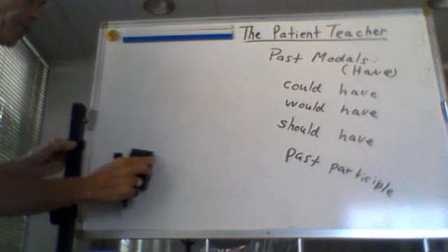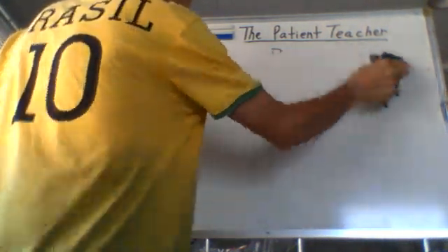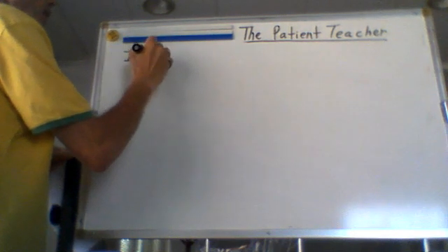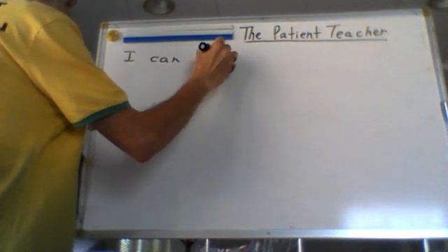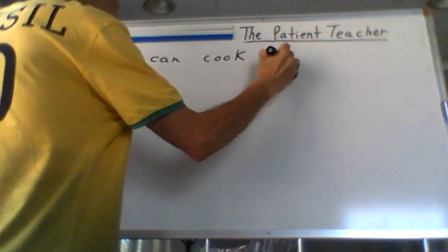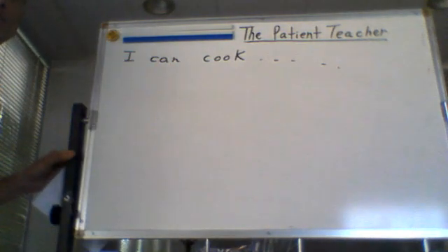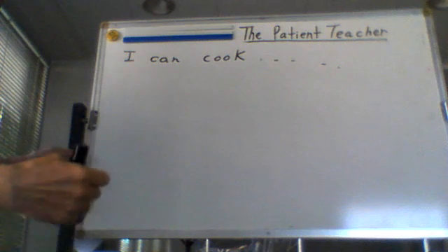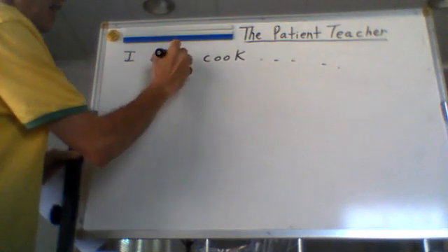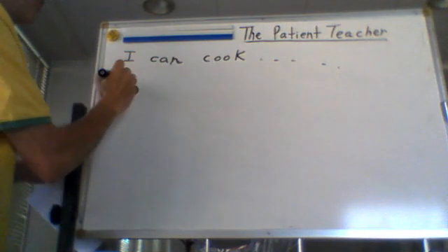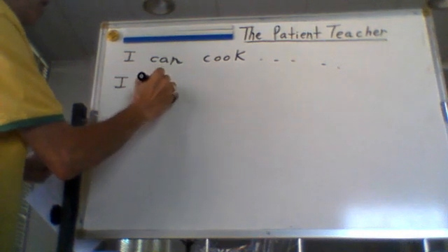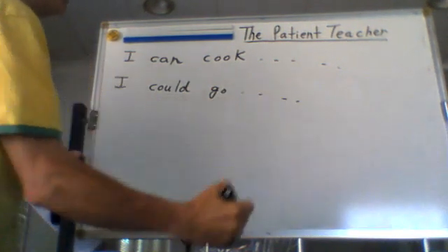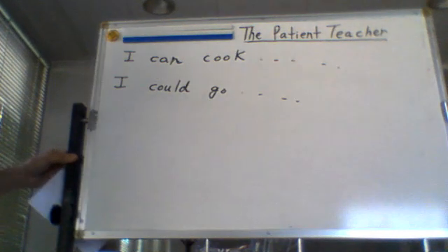So now that we have all that, let's make some sentences and see how we use them. I can cook dinner for you, right? I can cook. It's showing ability. I can cook for you. I could go with you to the store, right?